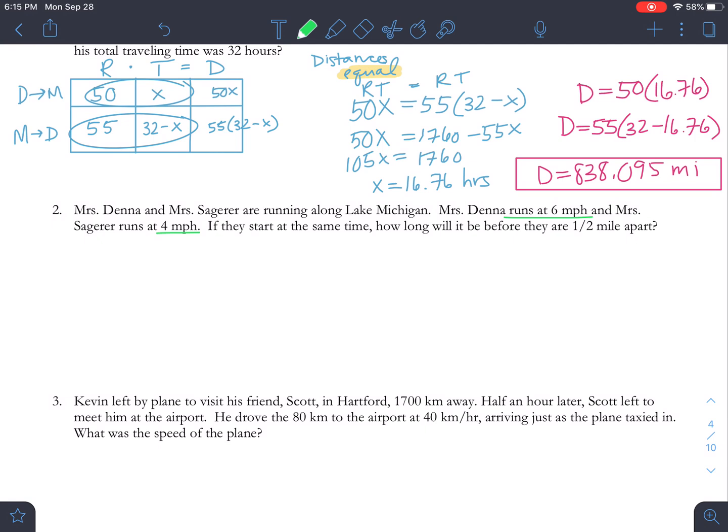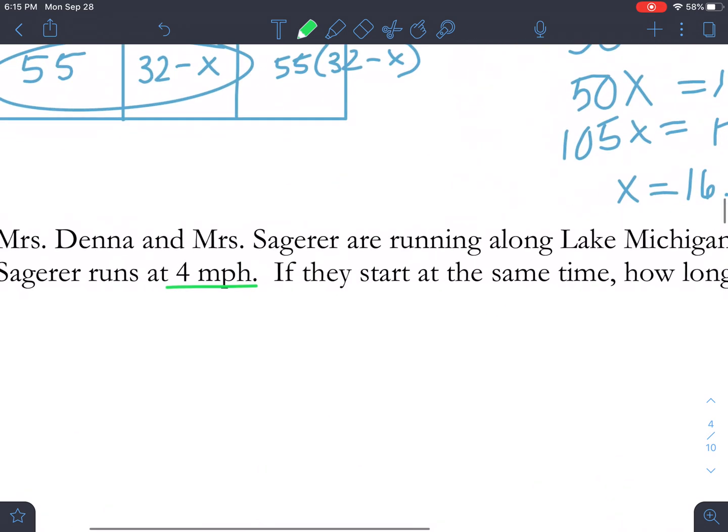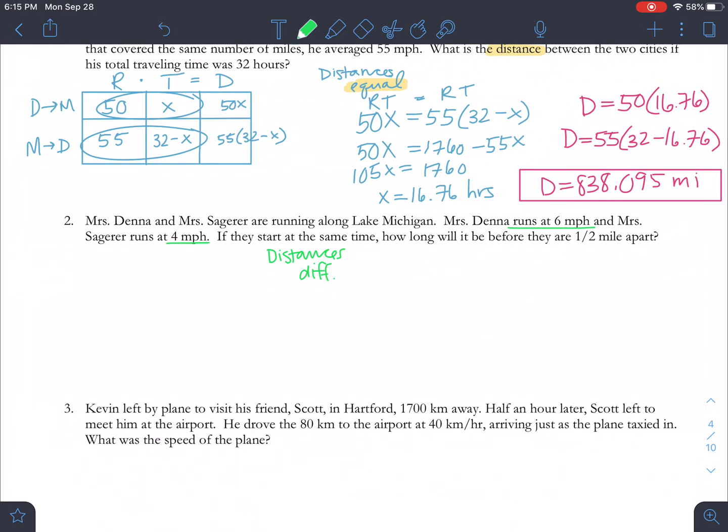So I want you guys to think about this one. Okay, are they running the same distance? No. So I would write yourself a little note and just say distances are different, right? So we're not going to be setting the distances equal. And one other thing I want you to think about is if they're running in the same direction, what does that look like?